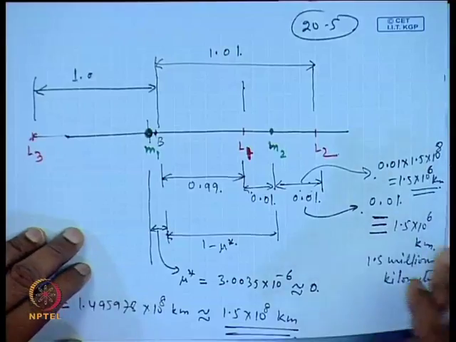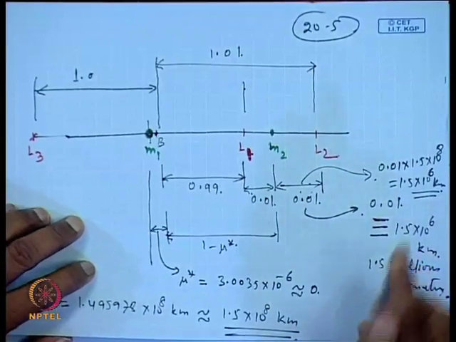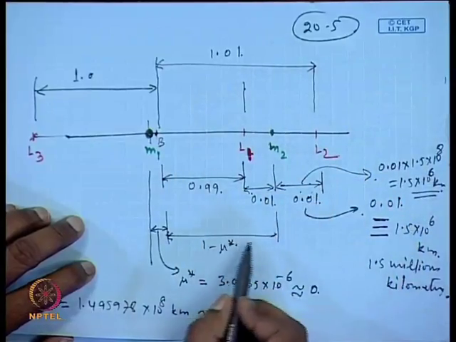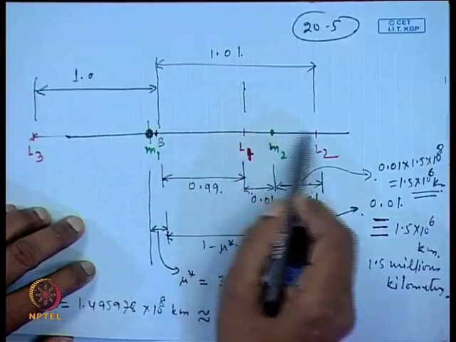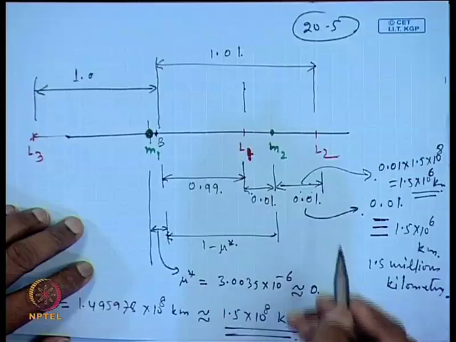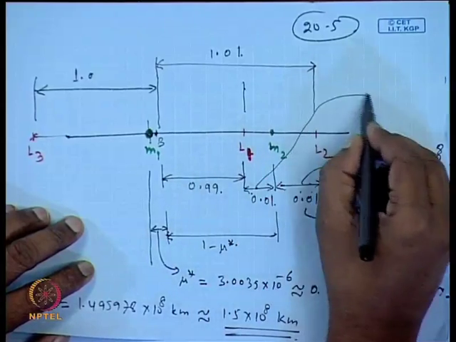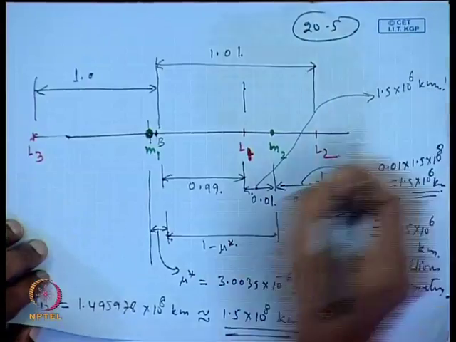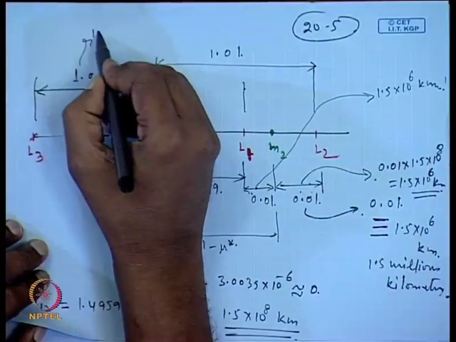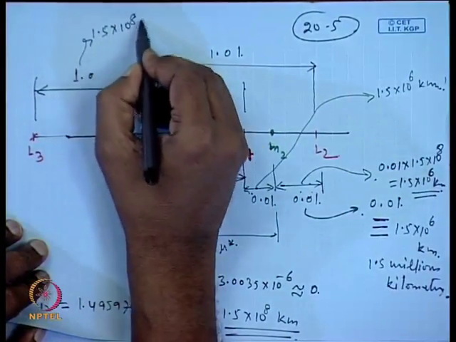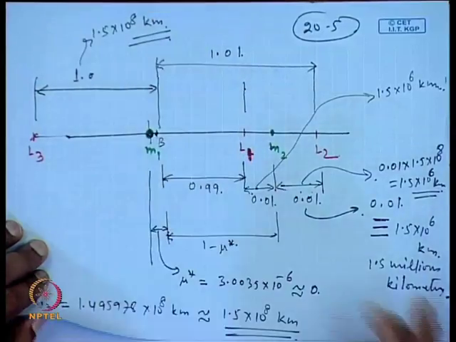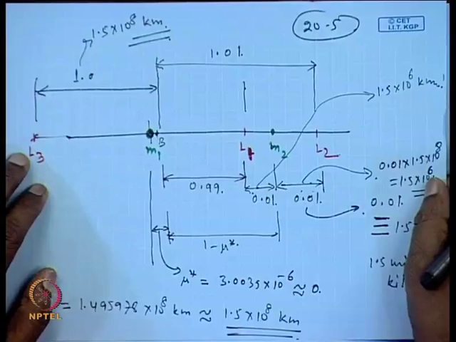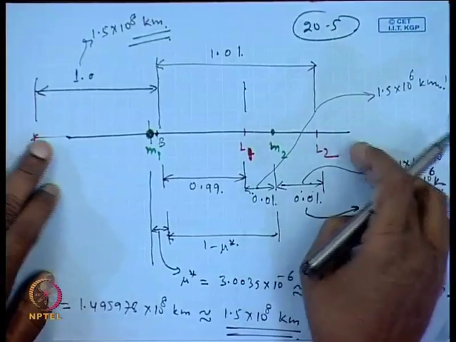So, we have already discussed this many times, that the distance of the L1 and L2 is around 1.5 million kilometers on the left and right of the earth. Okay. So, this distance also gets to 1.5 into 10 to the power 6 kilometers and this distance, of course, is 1.5 times 10 to the power 8 kilometers. So, this is how your Lagrange points are distributed about the sun and earth on a single line.